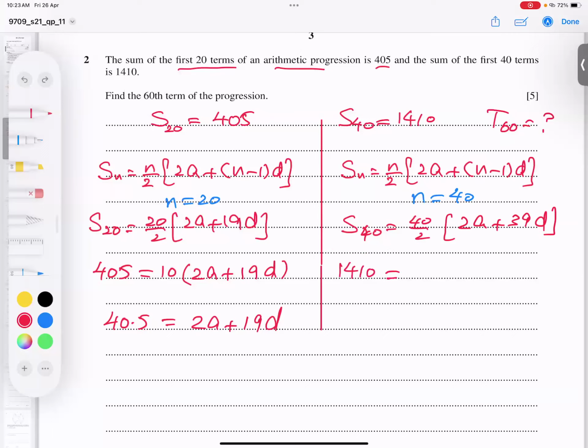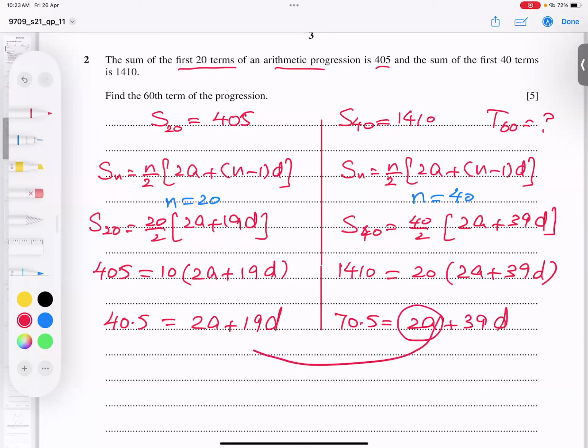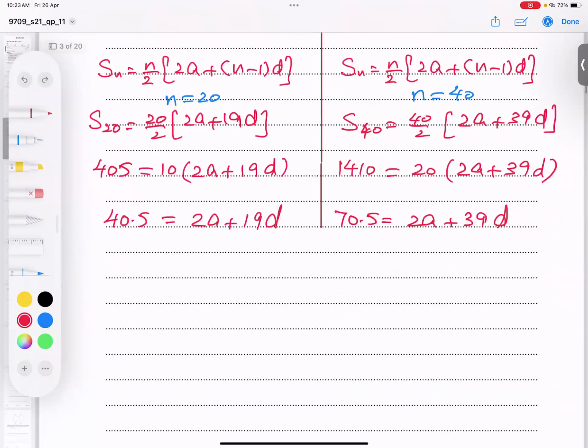Here I got 20, and in the bracket 2a plus 39d. 20 will divide, and 1410 divided by 20 gives 70.5. And here I get 2a plus 39d. You know what the reason is? I saw this 2a matching, so I can get it easily.